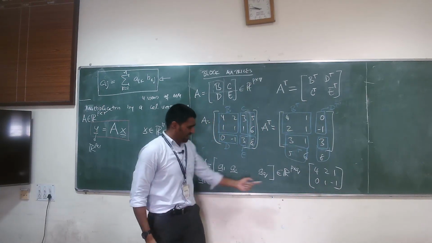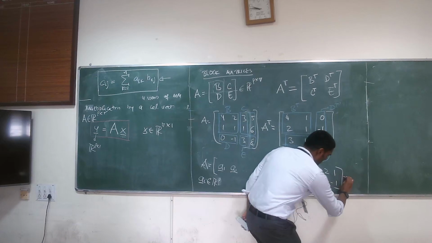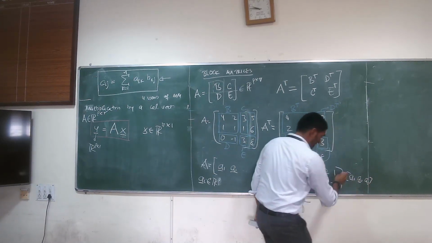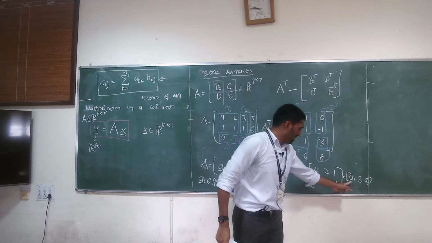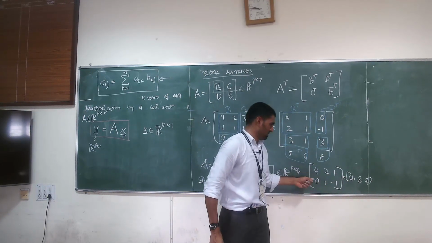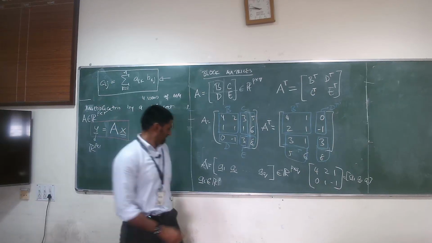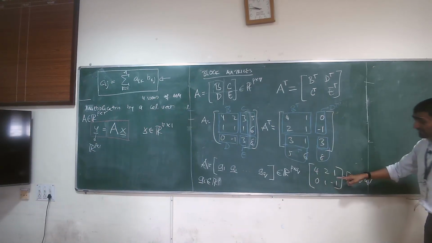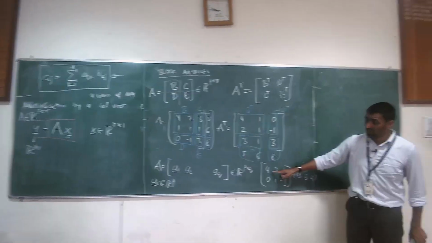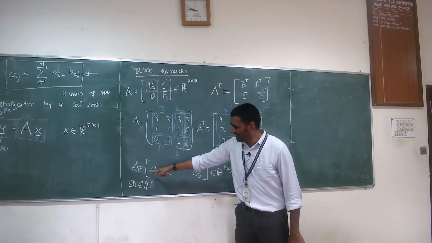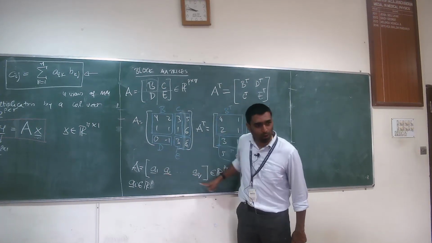I can write this as a1, a2, a3 because it's got 3 columns, and each column has 2 elements. I've written A in terms of its columns, but this is a block row.